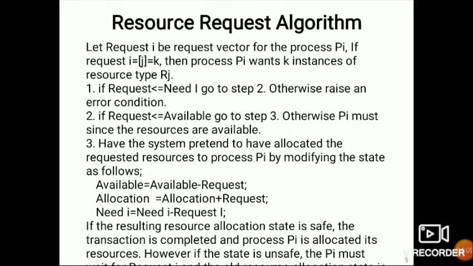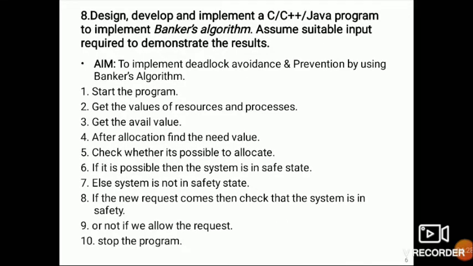If the resulting resource allocation state is safe, then the transaction is completed and process Pi is allocated its resources. However, if the state is unsafe, then process Pi must wait for the request, and the old resource allocation state is restored. With this safety algorithm and resource request algorithm, we implement the banker's algorithm.